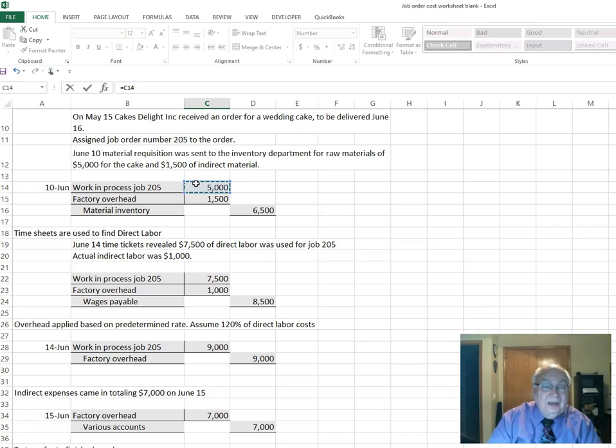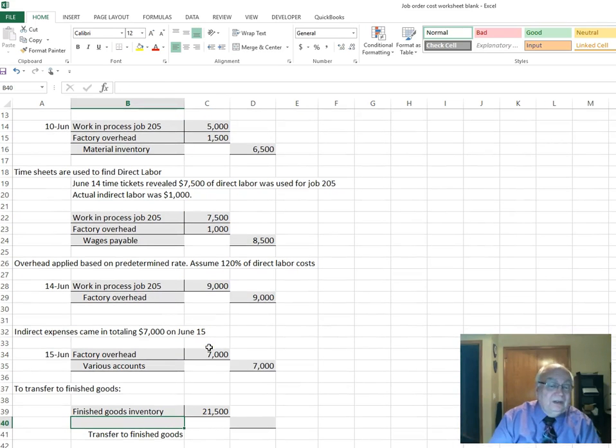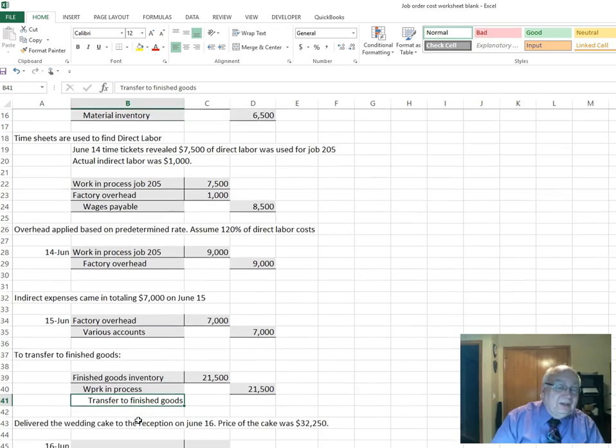We have the 5,000 plus the 7,500 plus the 9,000. So we have $21,500. And we want to take it out of the work in process, and that's for the $21,500. So that's what we take it out of, and it goes in the finished goods.